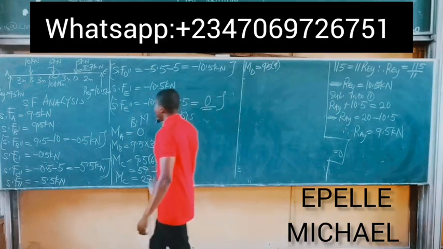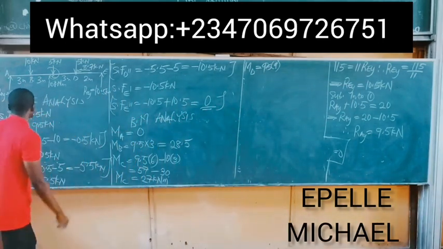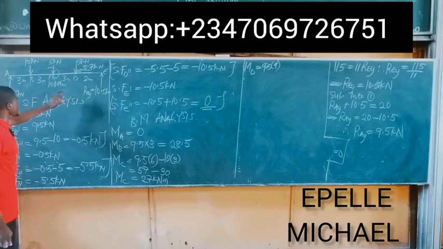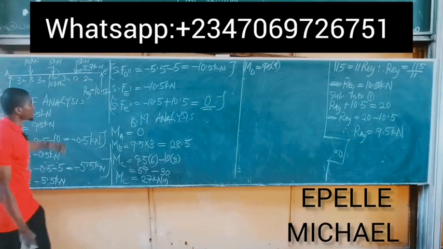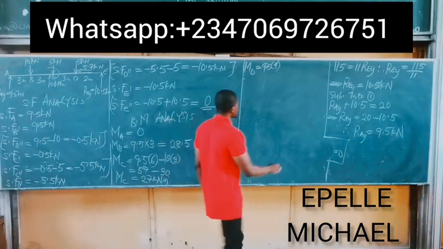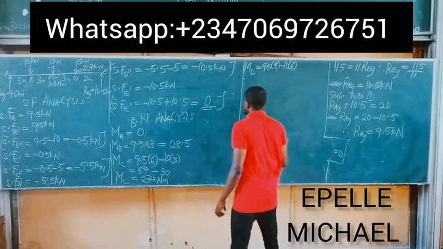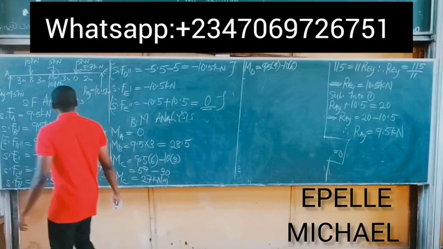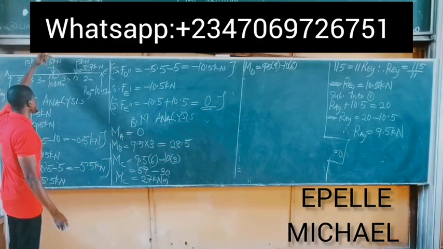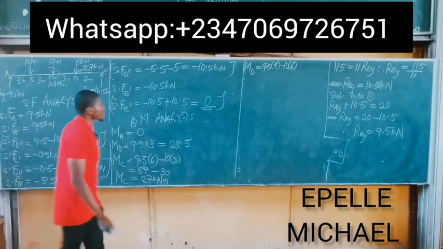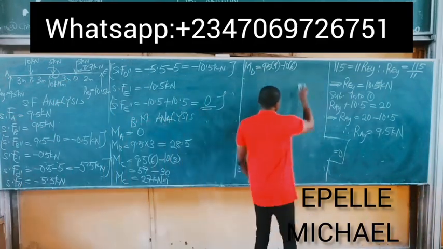And from point B we have a downward force of 10 kilonewtons. The distance it takes this force to get to point D is simply 3 plus 3, which is 6. So we simply have minus 10 times 6. And at point C we also have a 5 kilonewtons force acting downward. The distance to point D is simply 3, so it becomes minus 5 times 3.